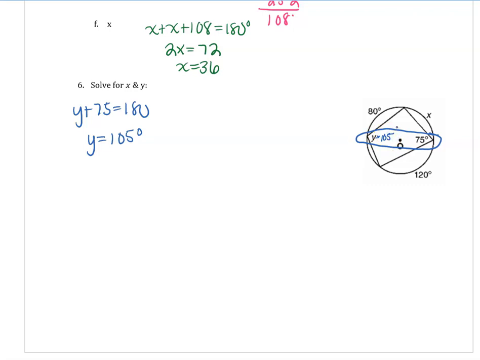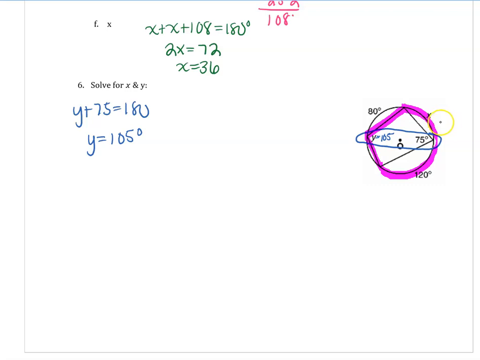Okay, so now what I want to do is somehow solve for x. I just solved for y, right? That's this angle. Now, watch how I trace this. That's the arc which that inscribed angle intercepts.